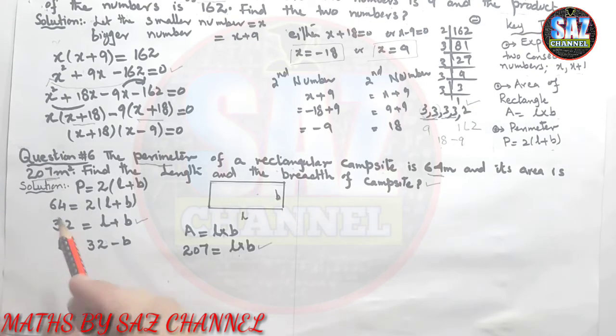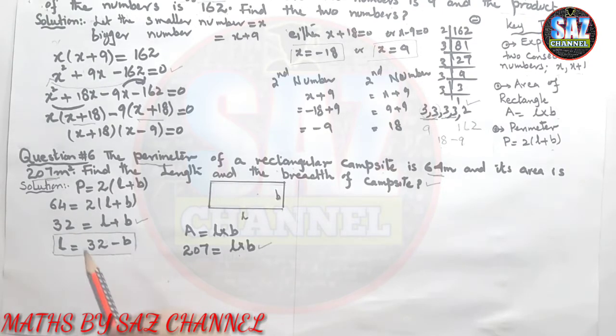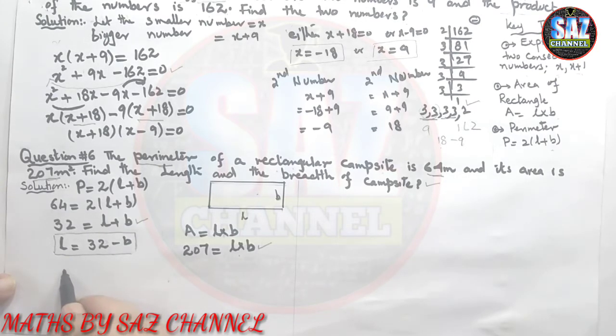So in the equation of area, instead of length, I will replace the expression 32 minus B. 207 will be equal to (32 minus B) into B. Now quickly multiply this B which is outside: 32B minus B square equals 207.